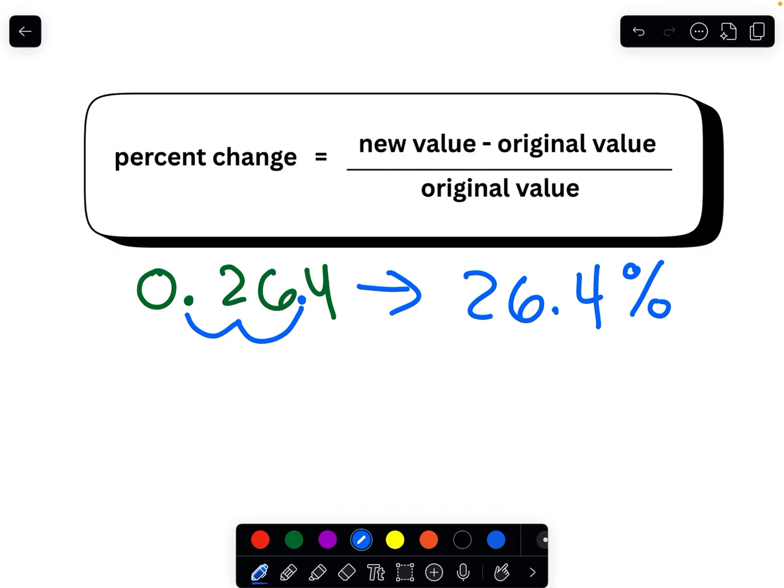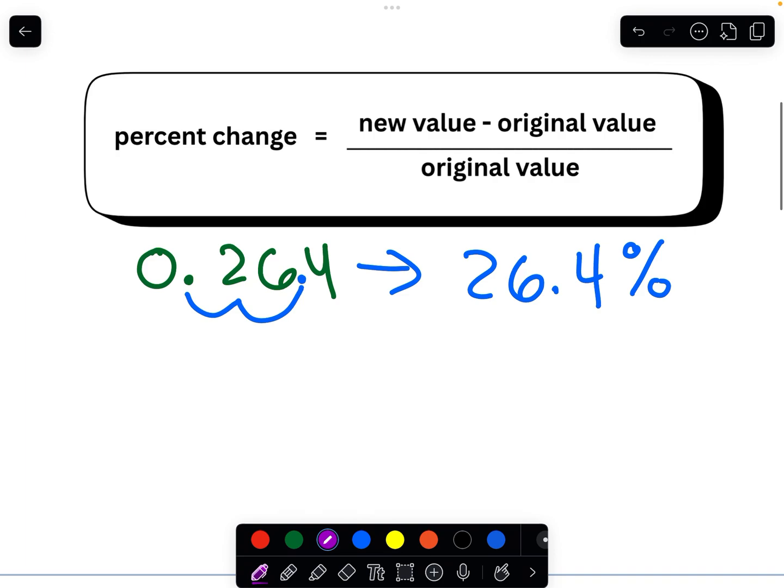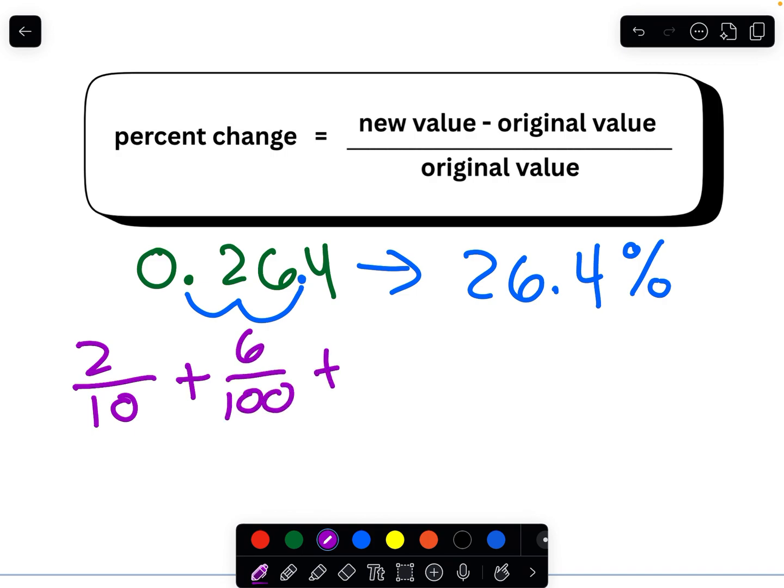in our hypothetical example. And just to give you an explanation of why 0.264 equals 26.4%, if you have ever converted decimal numbers to expanded form, you would know that 0.264 is the same as 2 tenths, plus 6 100ths, plus 4 1,000ths.